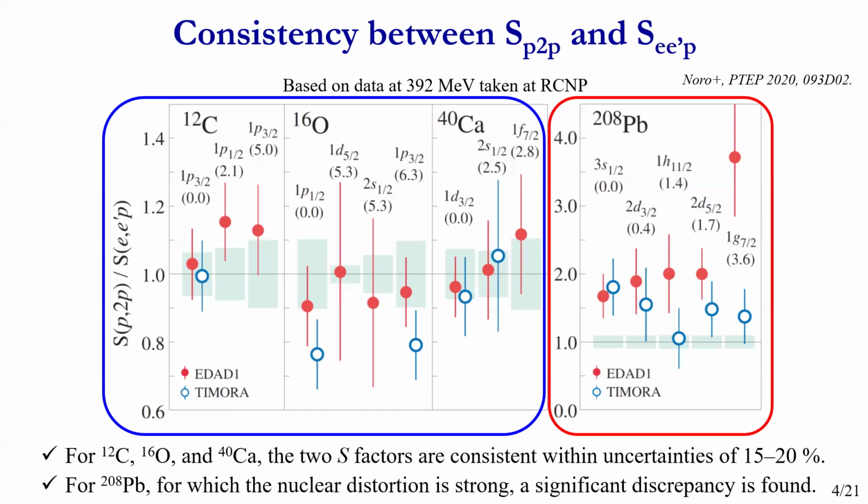Anyway, I would say the two spectroscopic factors are consistent. If we can say so, it will be nice because (p,2p) can be used, and a proton can hit a neutron rather easily, right? So (p,p,n) can be done. And also, it can be applied to the physics of unstable nuclei because we can use a proton or hydrogen target.